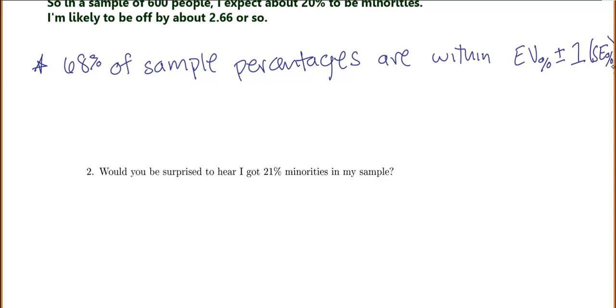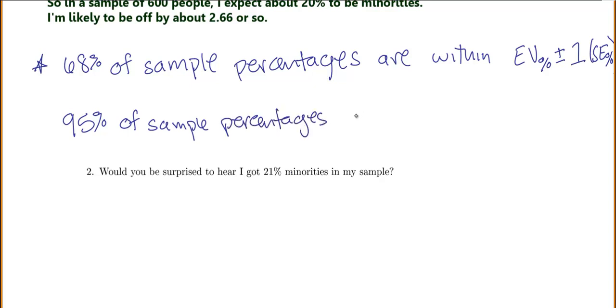Okay, so this is just like what we did with linear regression, if you remember. And 95% of sample percentages are within the expected value of the percentage plus or minus 2 times the standard error of the percent.